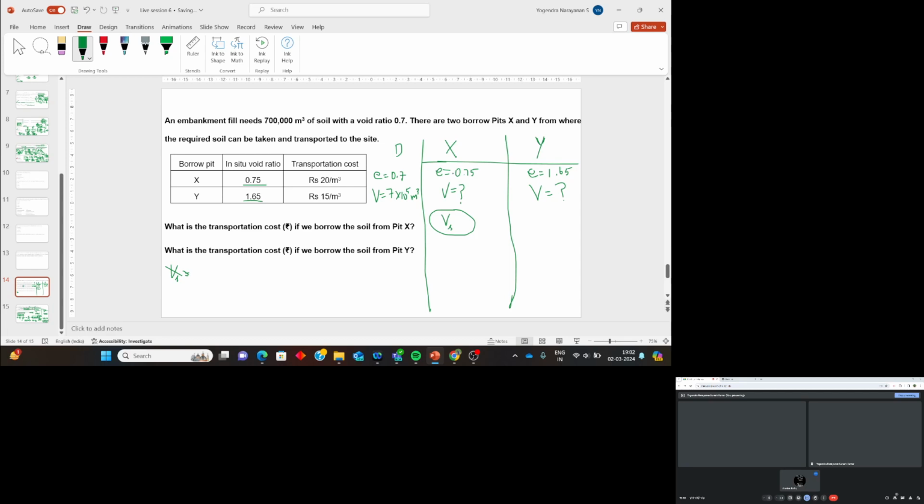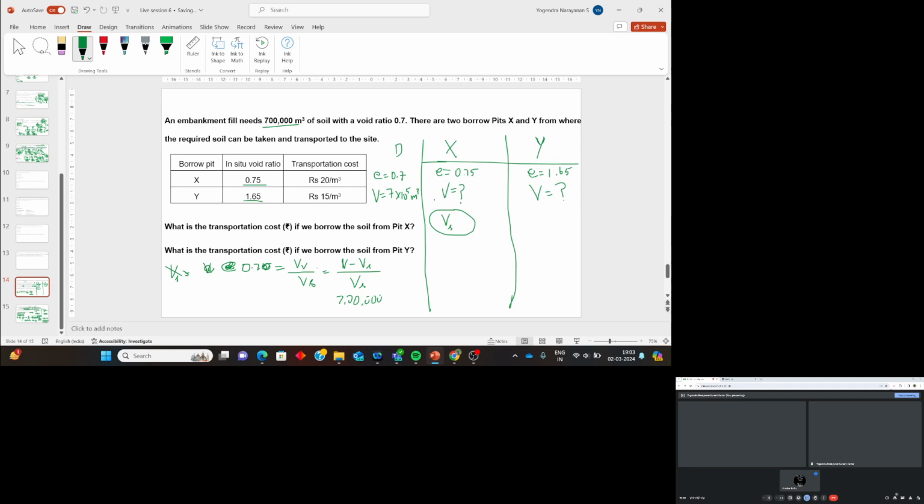First you calculate the volume of solids for the destination. 0.75 is equal to volume of voids by volume of solids, that is total volume minus Vs by Vs, and V is 7 lakh. e is, sorry, e will be 0.7 because you are calculating the volume at the destination, so you calculate with 0.7.